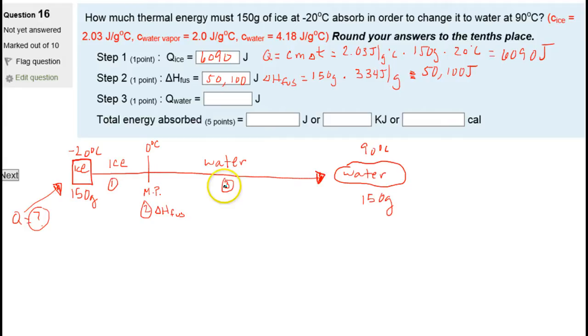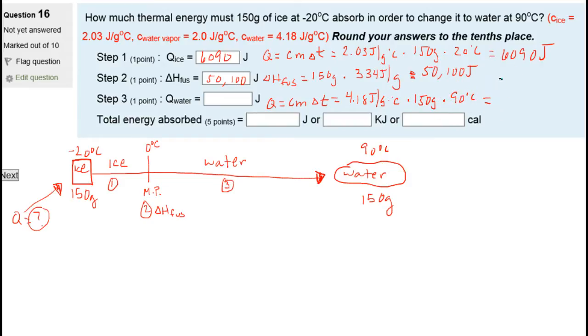There we go. In step 3, we need to use Q equals Cm delta T to figure out how much thermal energy this water is now going to absorb as it goes from 0 to 90. So the specific heat of water is 4.18 joules per gram degree Celsius, times the mass, which is the same, 150 grams, times the change in temperature as it goes from 0 to 90, which is 90 degrees Celsius.